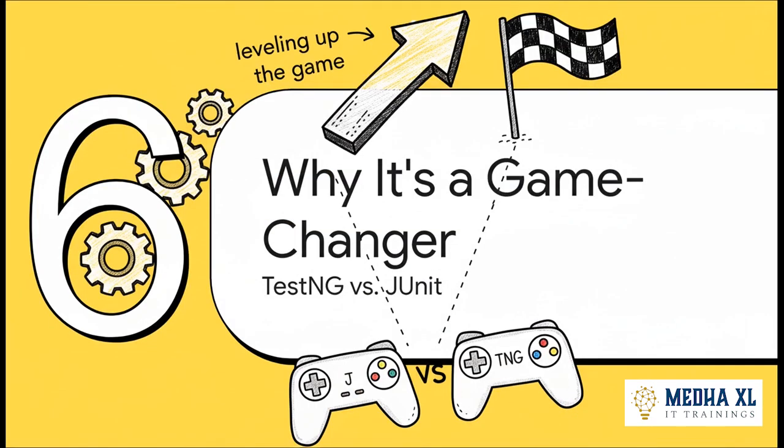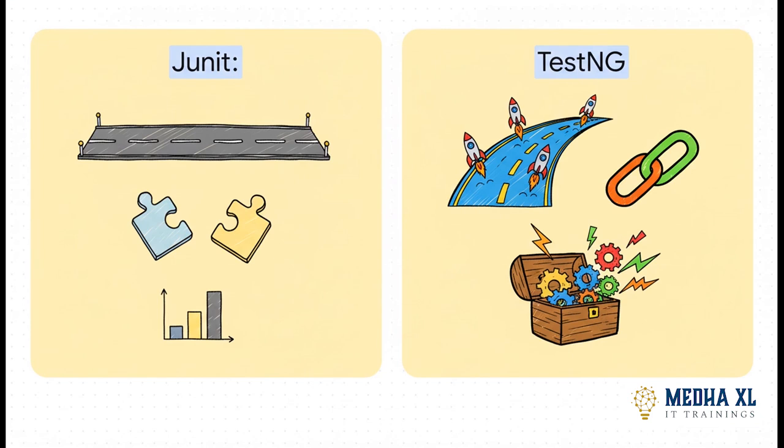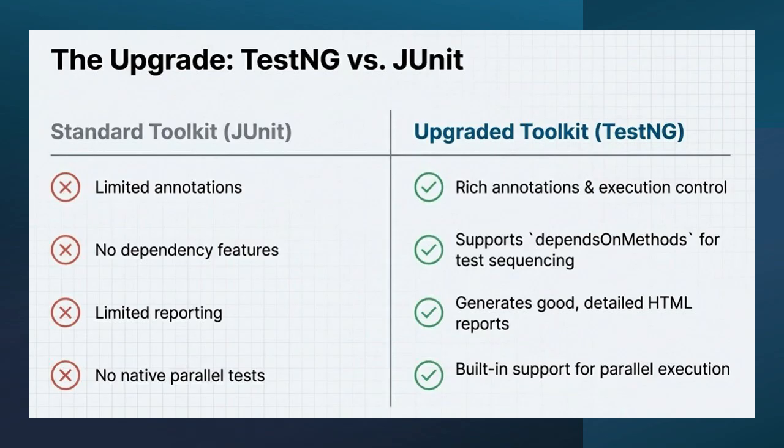Okay, so we ran one simple test. Big deal, right? Well, actually, yeah, it is. To really see why this is such a game changer, let's put TestNG head-to-head with the old guard, JUnit, and see how it stacks up. I mean, just look at this. It's night and day. Where older frameworks felt a bit limited, TestNG just blows the doors open.